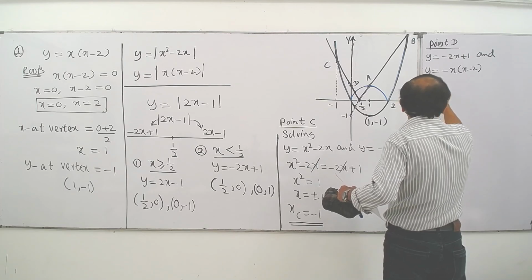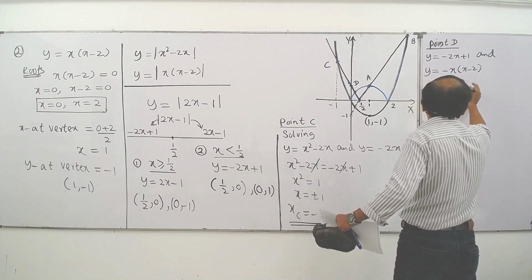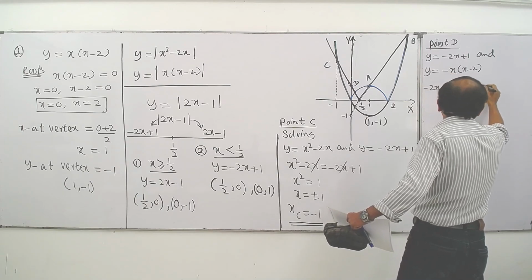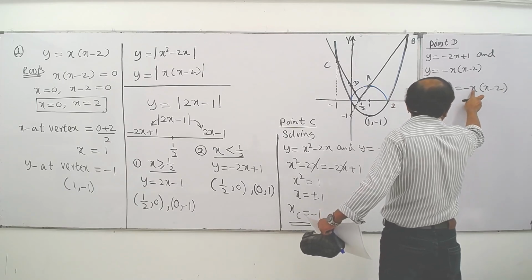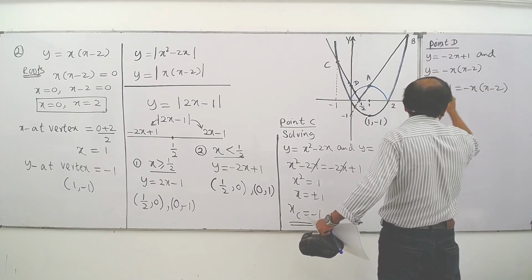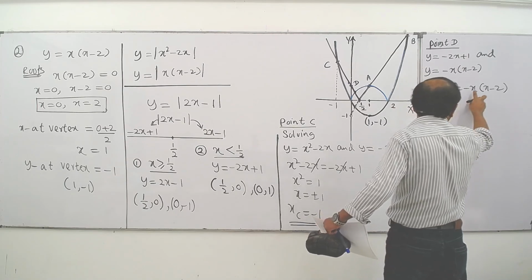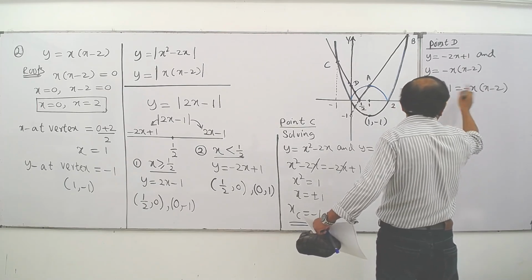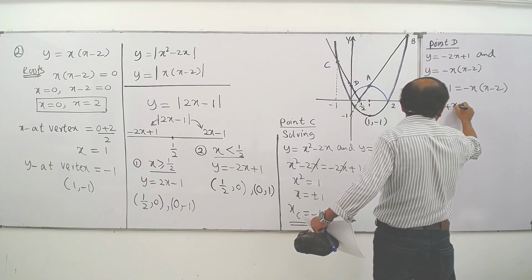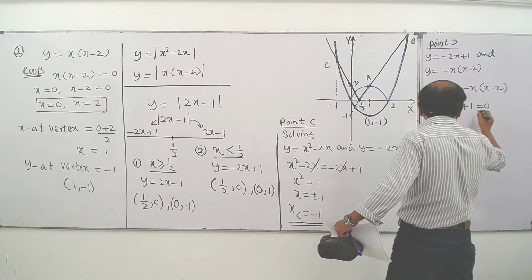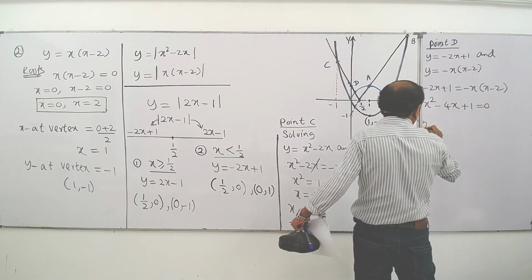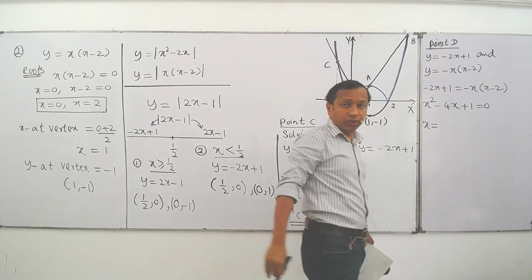Equate minus 2x plus 1 is equal to this, minus x times x minus 2. Right. Here, remove the bracket: minus x squared; take it to the left hand side, plus x squared. Here plus 2x, and take it to the left hand side, minus 2x with this minus 2x, minus 4x, and plus 1 equals 0. We'll write here the solution for x by using the quadratic formula, right?